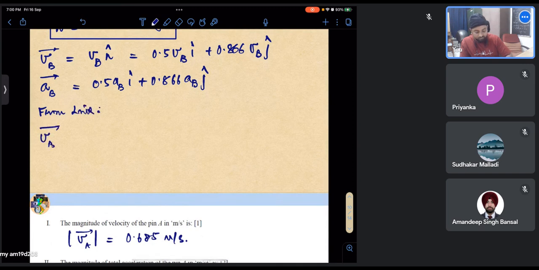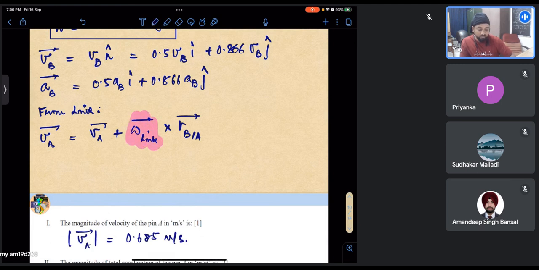VB is velocity of A plus omega link cross RB with respect to A. This is also unknown for now. Let us assume that the omega link vector is omega link k cap. Let us assume it is rotating like that.